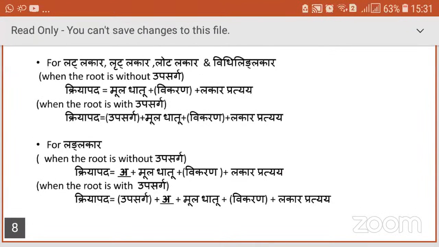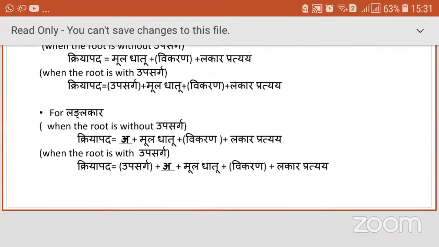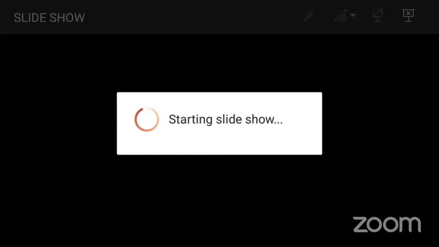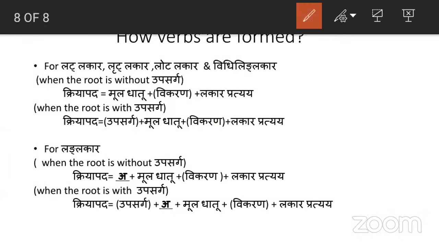Now see how the lang lakar verb we can form when the root is with upasarga. Now see, prati is upasarga. A is of lang lakar.